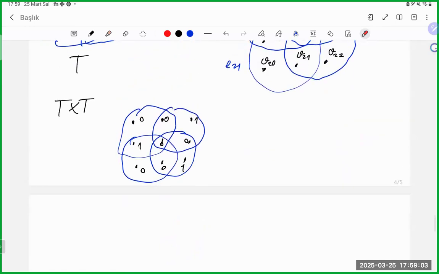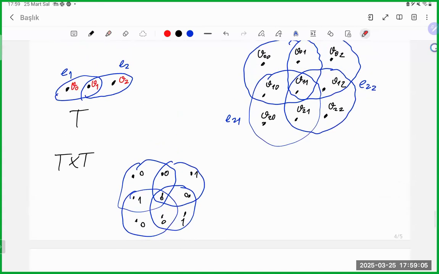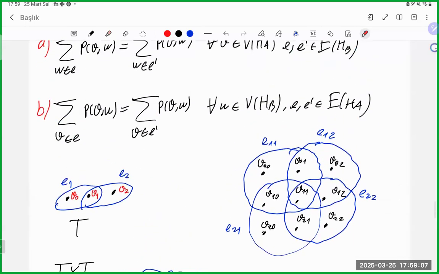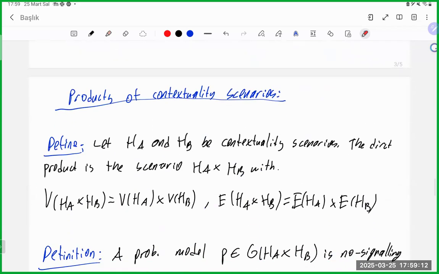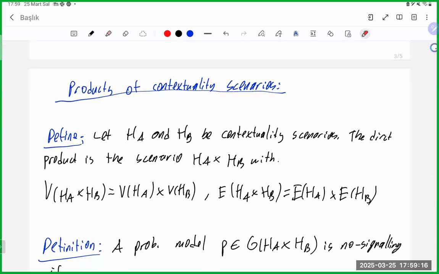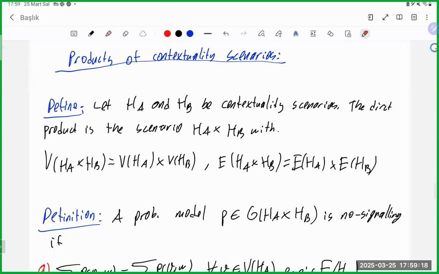Sorry, Cagdas, can I see the top part where you define the product? Here. Okay, so I see, the edges are products of the two. That's how you mark the new hyperedges.